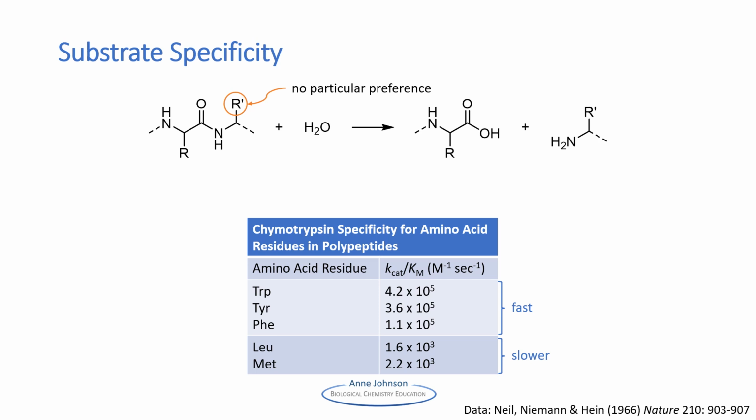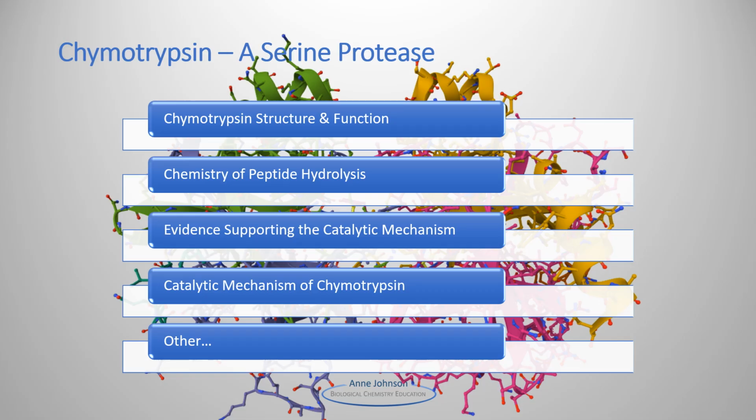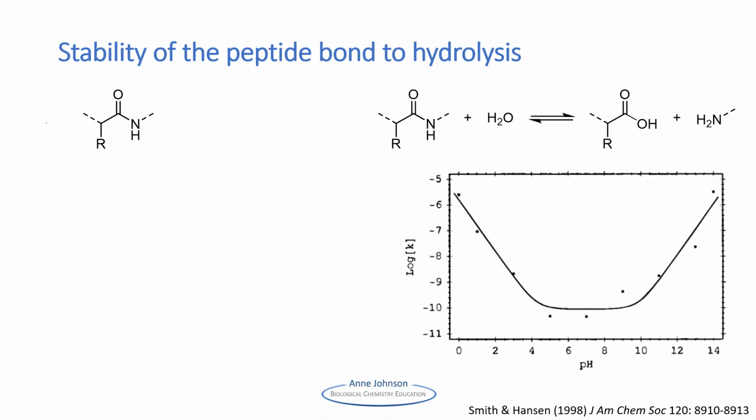Now that we know that chymotrypsin hydrolyzes the peptide bond, we'll have a look at the chemistry of peptide hydrolysis. The peptide hydrolysis reaction has several challenges or obstacles. Overcoming these is crucial for making the reaction more feasible. First, the peptide linkage is stable due to it being a poor electrophile.